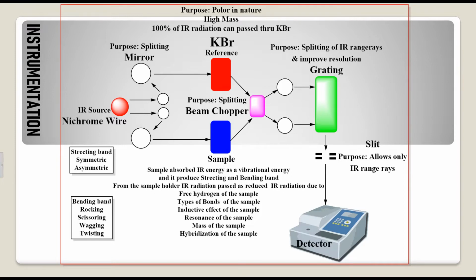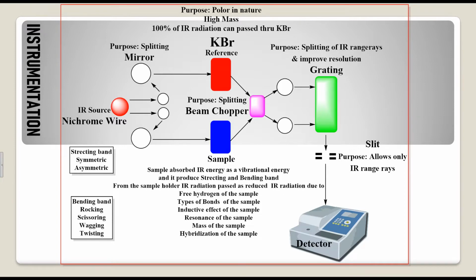Why KBr? Because KBr transmits 100% of IR radiation. There is no absorption of IR radiation by KBr due to its high mass and high polarity. That is the only reason we are using KBr as a reference in IR.